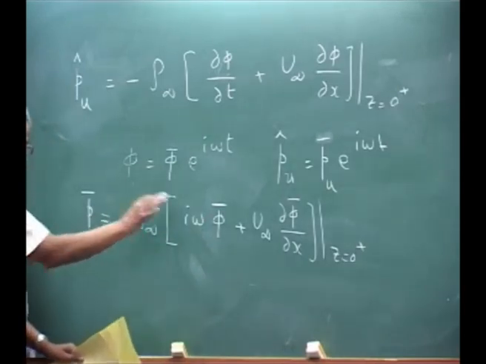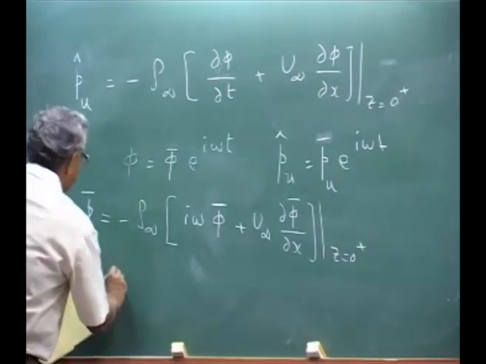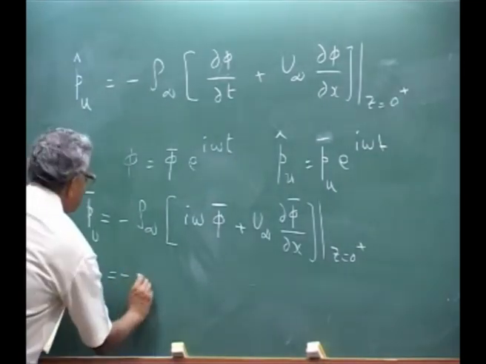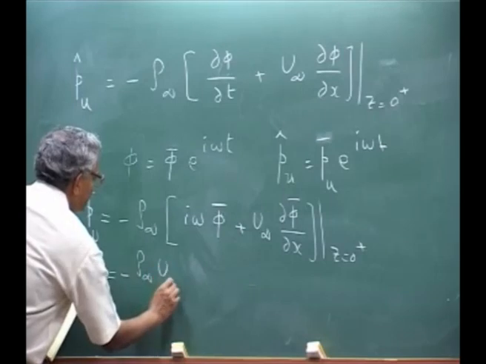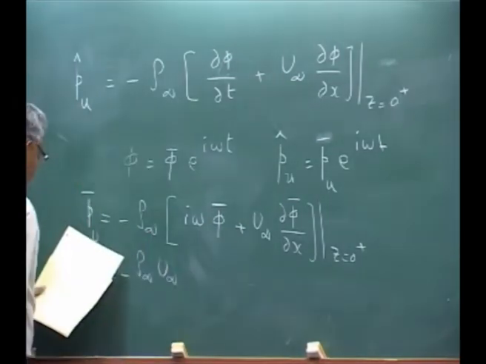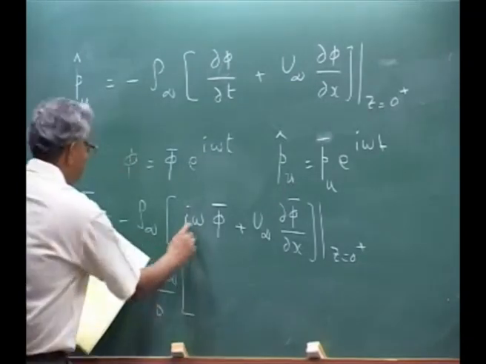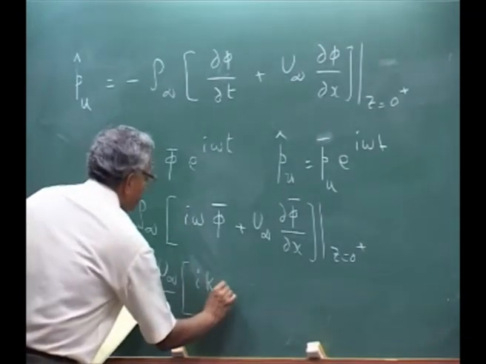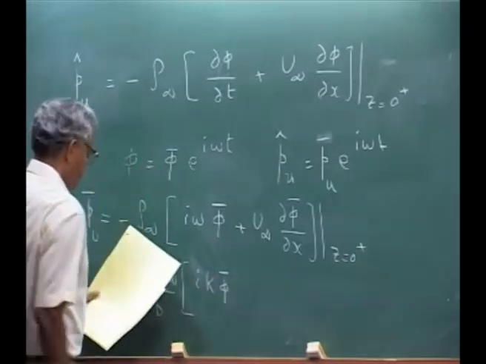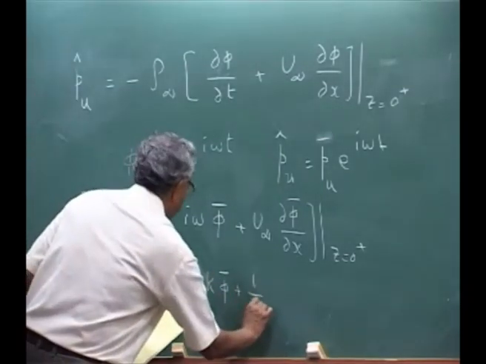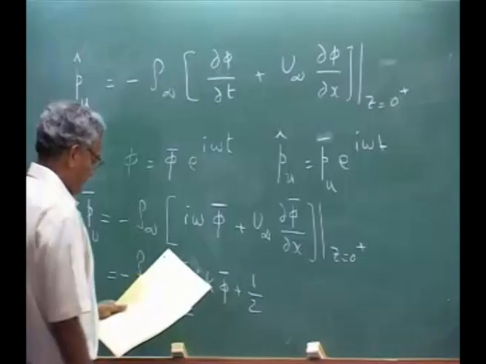Now this itself can be non-dimensionalized by writing it minus rho infinity, you take out u infinity outside and you divide by b, this will become i k phi bar plus half.